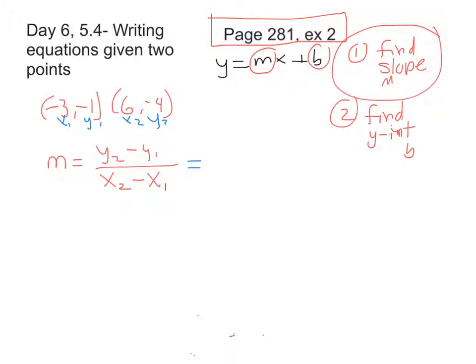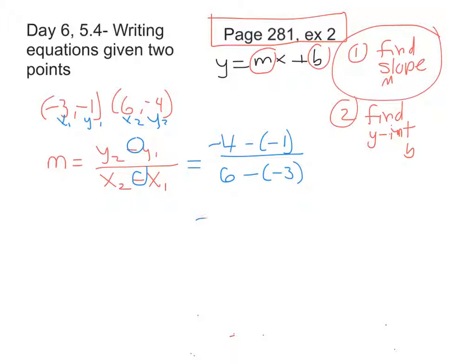So in this problem, you can be real careful with negatives and make sure that you always have a minus in between. So in this problem, I've got -4 minus -1, and on the bottom I have 6 minus -3.